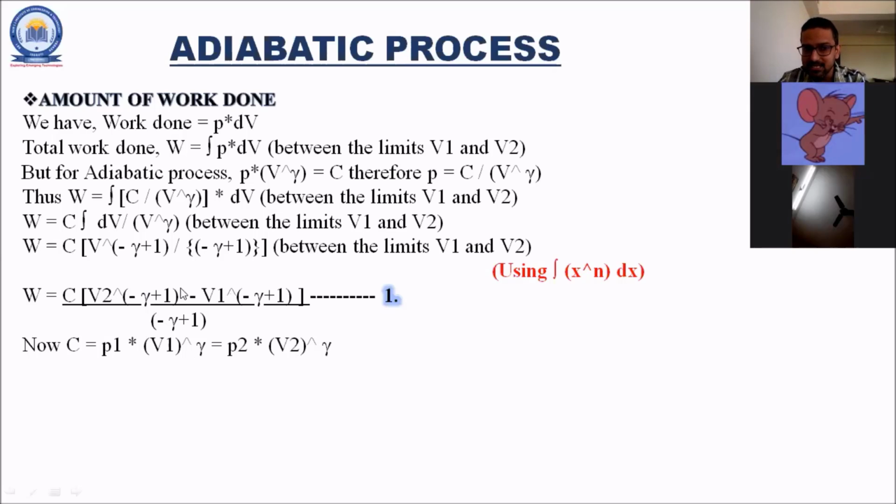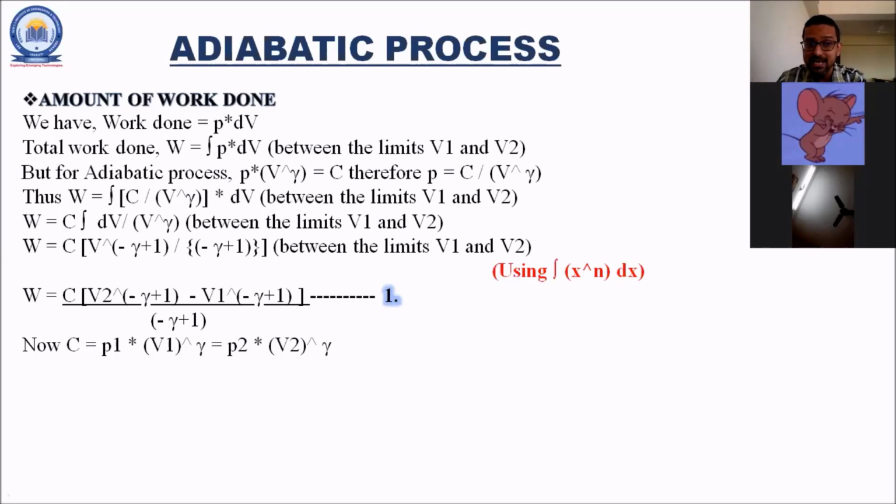So I will be getting the answer of the first bracket, P2V2 raised to gamma into V2 raised to minus gamma into V2, minus the second bracket, P1V1 raised to gamma into V1 raised to minus gamma into V1, divided by minus gamma plus 1. So we will be getting V2 raised to gamma into V2 raised to minus gamma.